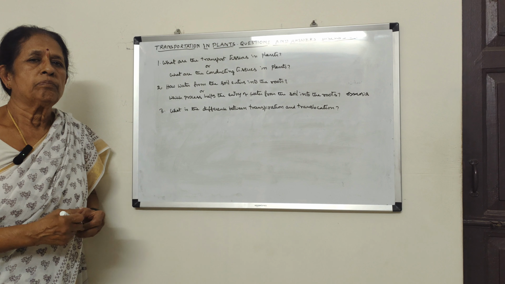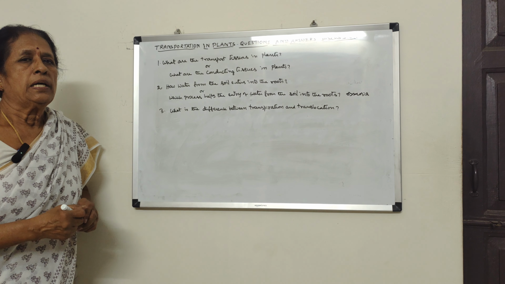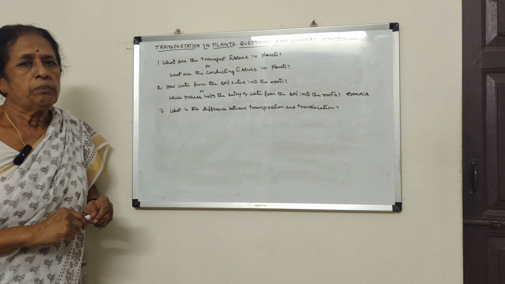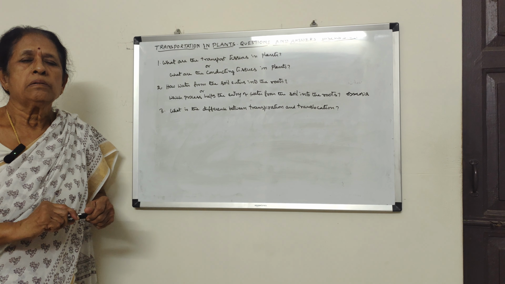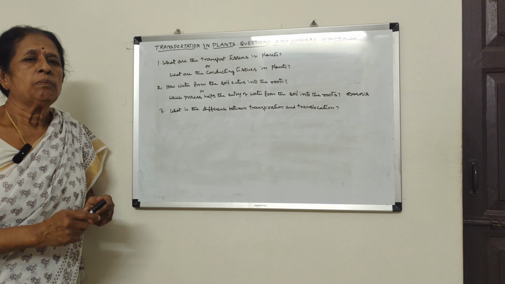And xylem sclerenchyma gives mechanical support to the plant, and the xylem vessels help in the upward movement of water. Root pressure is a phenomenon which helps in pushing the water column upwards.